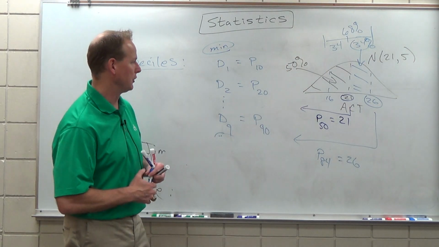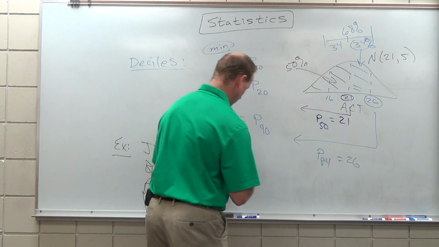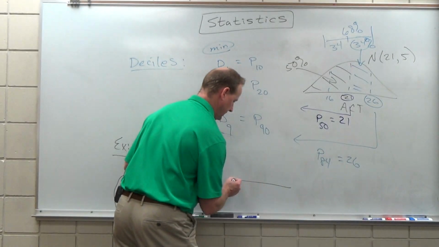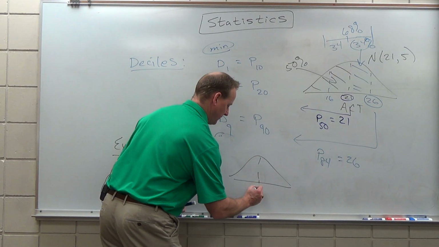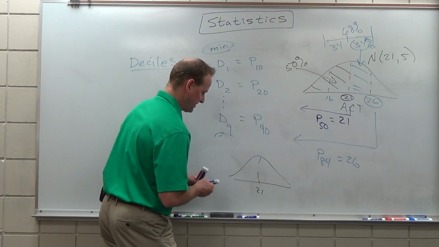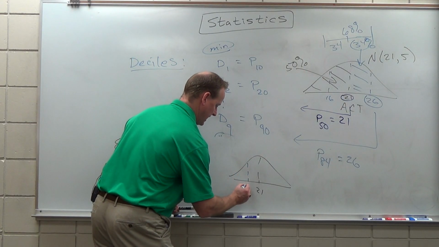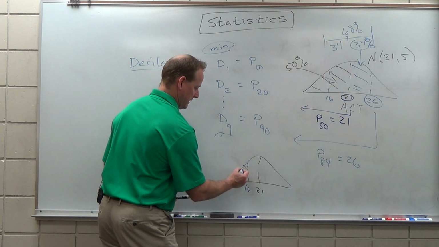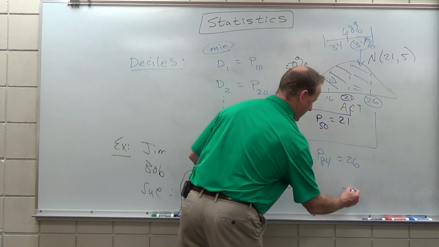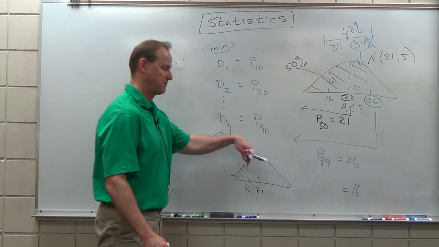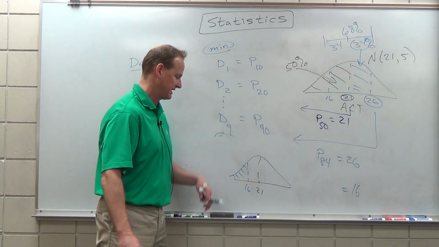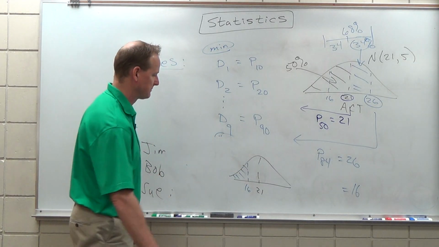Okay, and then we can also do one more here. I'll redraw the picture, but once again, we've got 21 in the middle. We have 16 here. What if I ask, what is the percentile rank for somebody that got a score of 16? Well, you would expect it to be less than half, because less than half of the data lies below this observation.